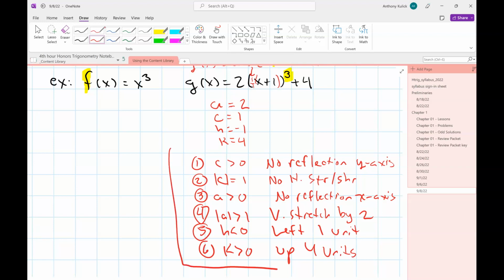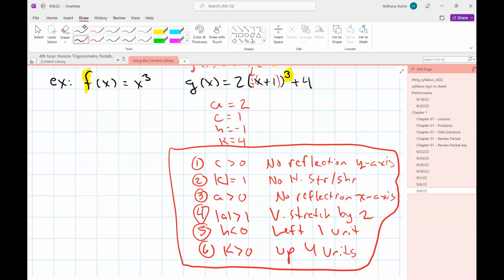So that's what I would write if I asked you for the order of transformations for that g of x. So even if nothing's happening, you should write that nothing happened. Like 3 of these, there's nothing going on. We still wrote that nothing was happening for that, though.